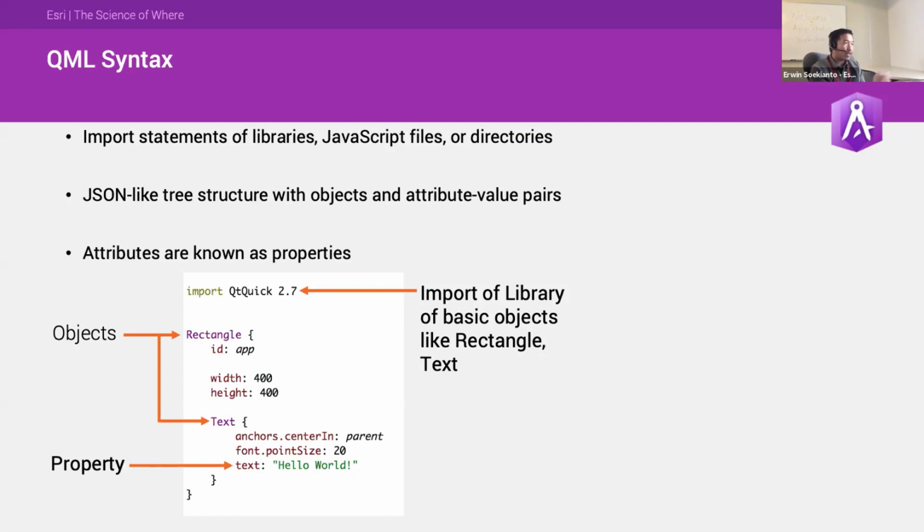So text is a property, width is a property, height is a property, ID is a property. And that's how it looks: a simple rectangle, 400 by 400, with a text that is anchored to be centered by its parent, font size 20, and it says hello world.